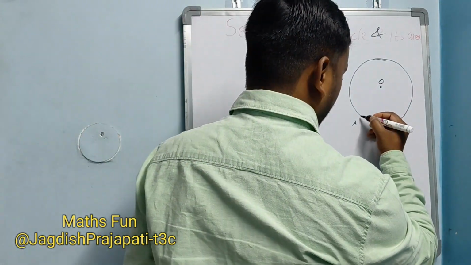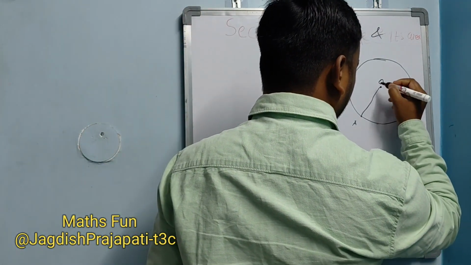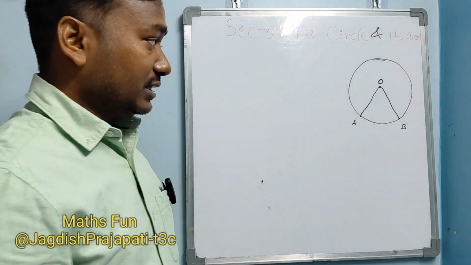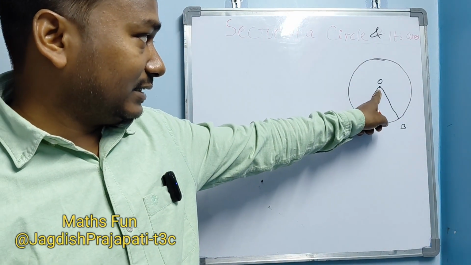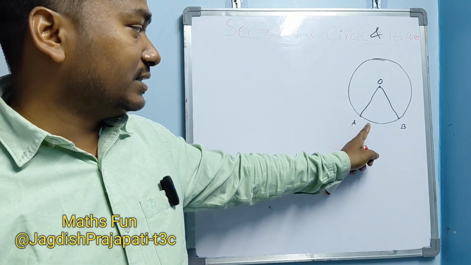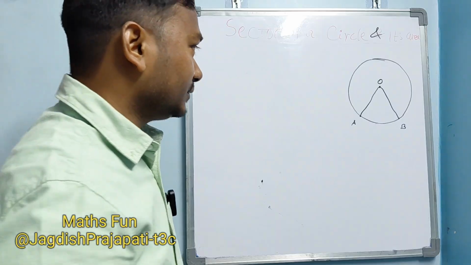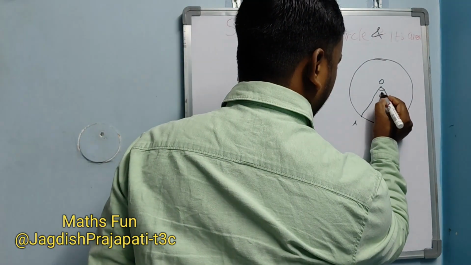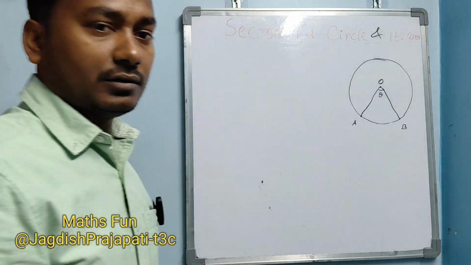Now if we join A with the center and B with the center, we can see that an angle is formed by these 2 points. Let's say this angle is theta.